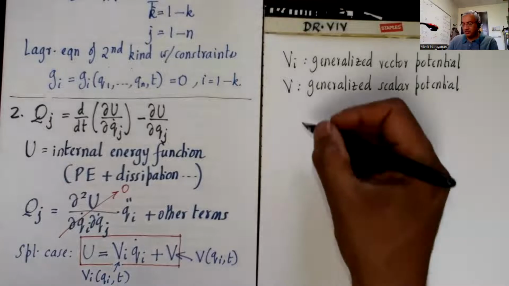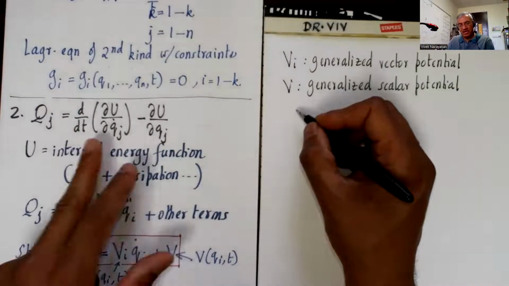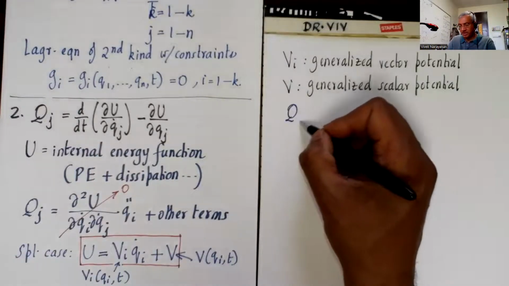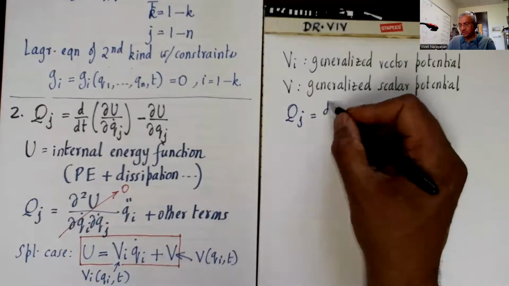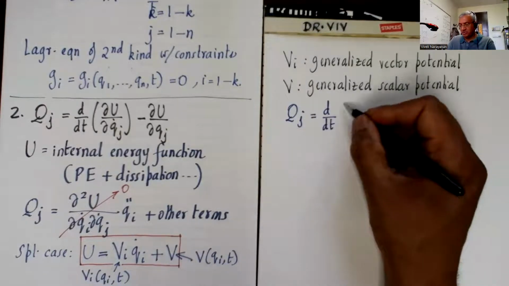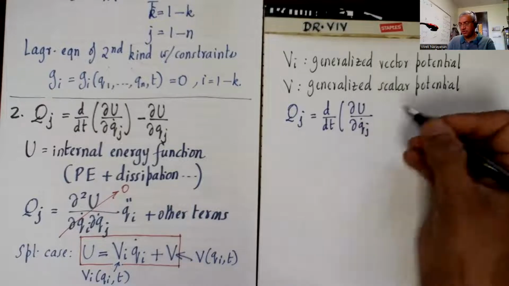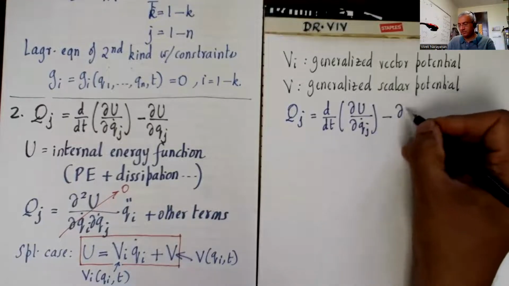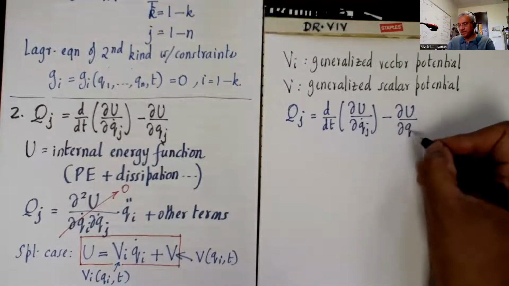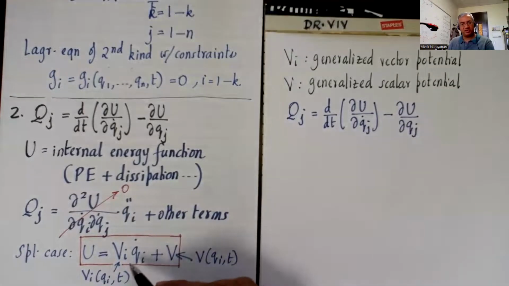So substituting back into that, let's see what we get. My Qj is d by dt of del u over del qj dot minus del u over del qj. Let's put the expression for the internal energy function in this form.